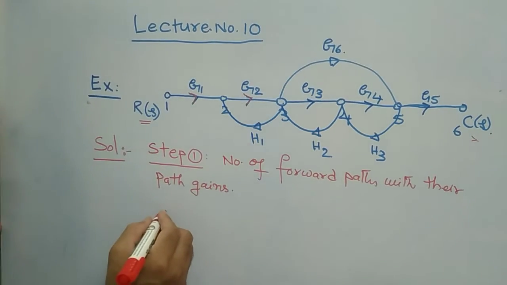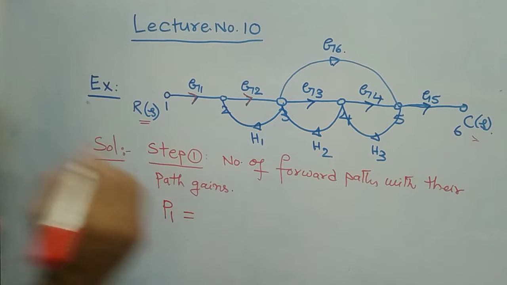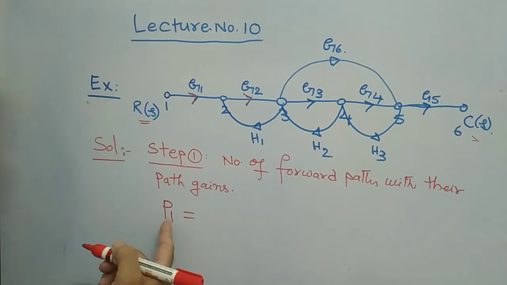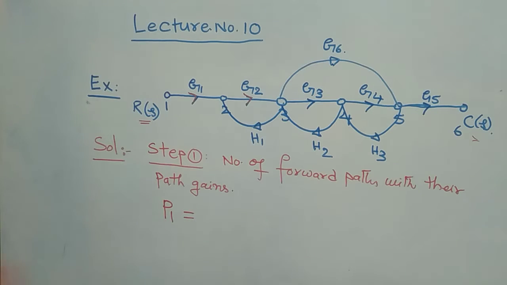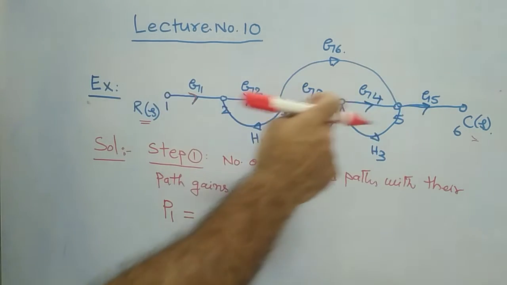So your first forward path is P1. Consider that as path 1. What is the path gain? As we have seen in the previous example, you multiply all the gains available on that path.